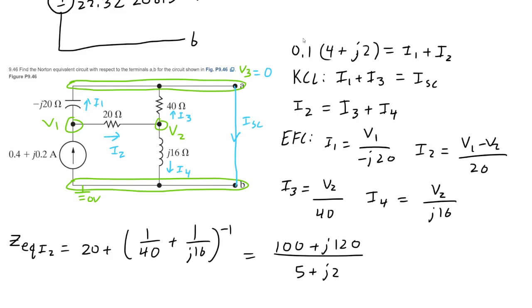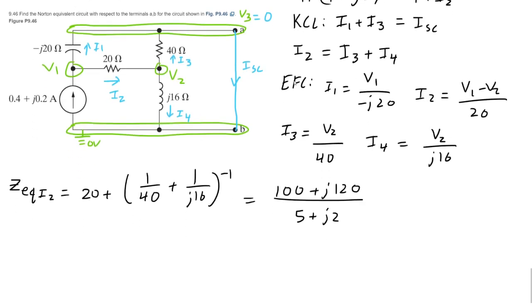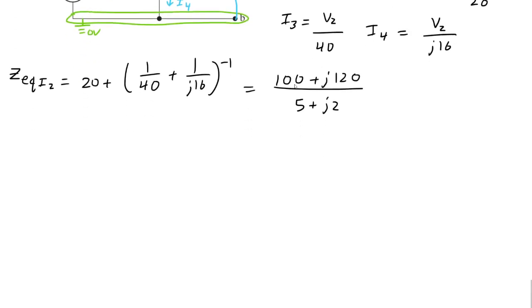Anyway, so this is going to be the total impedance seen by the current I2. So I'm going to have 0.14 plus j2. That's our current source. I just pulled the 0.1 out, so the complex number would be a little bit more round.